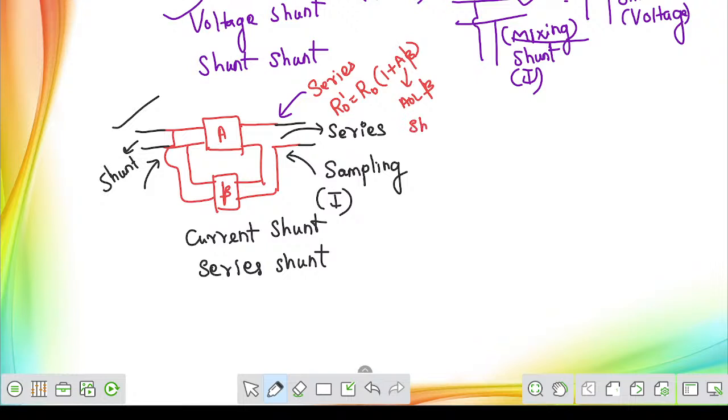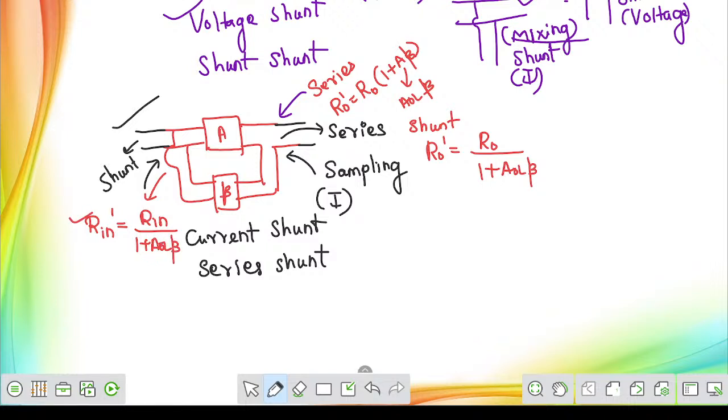Suppose the output is shunt configuration, then the value of output resistance is going to be the existing value of output resistance divided by 1 plus open loop gain into beta. That's it. That is the formula. Similarly, focus on the input side. On the input side, if you are having shunt, then the new input resistance after giving this shunt topology will become existing input resistance divided by 1 plus open loop gain into beta.